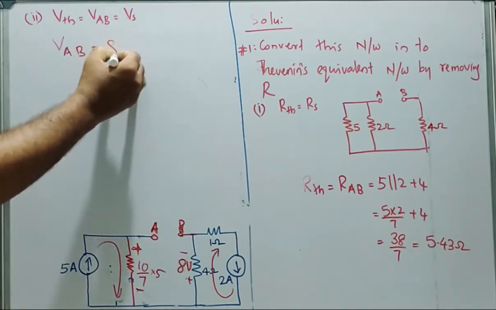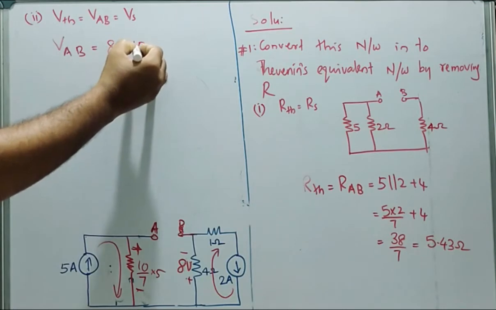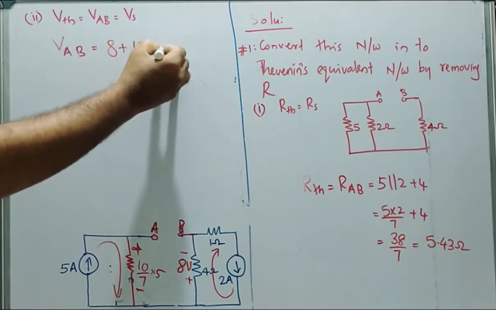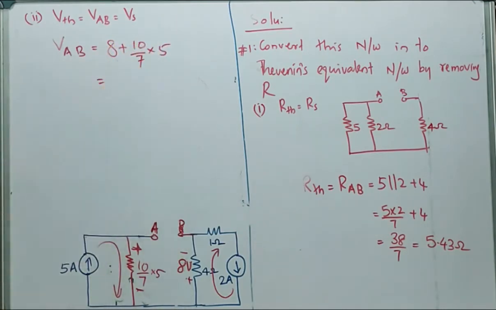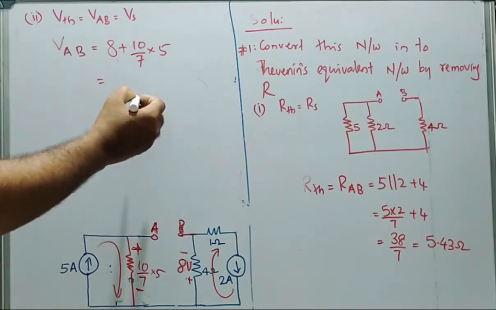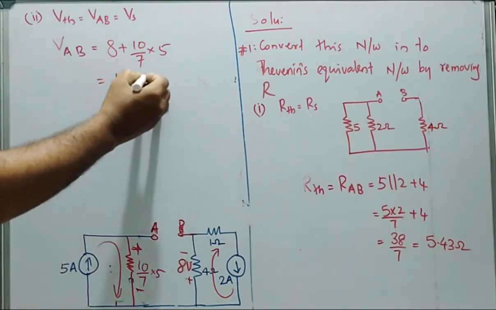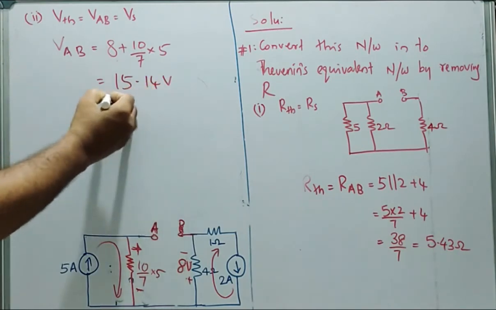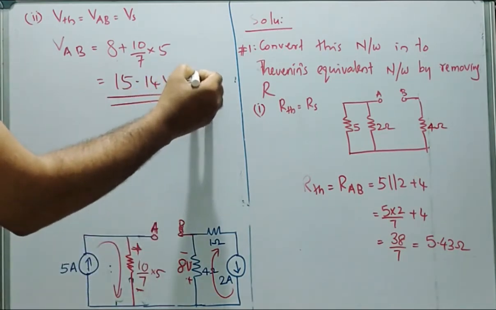So 8 volt plus 10 by 7 into 5 gives VAB, which is obtained as 15.14 volt. This is nothing but Vs.